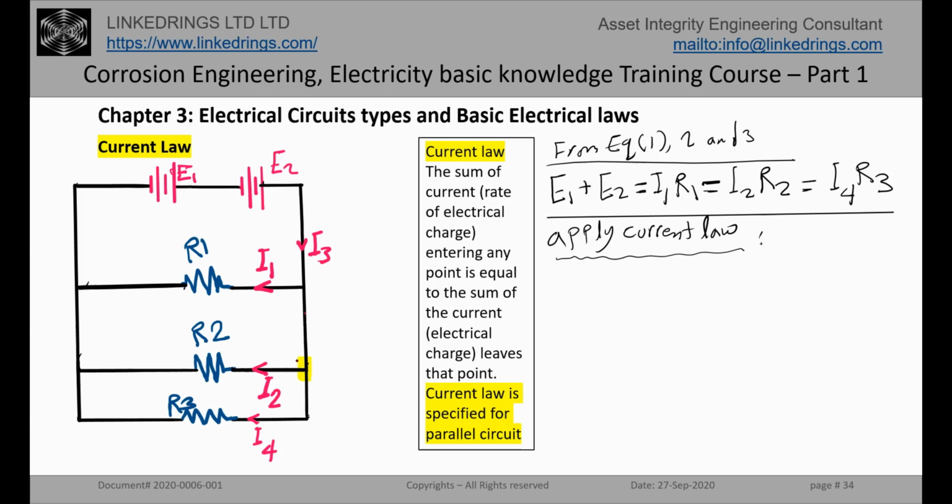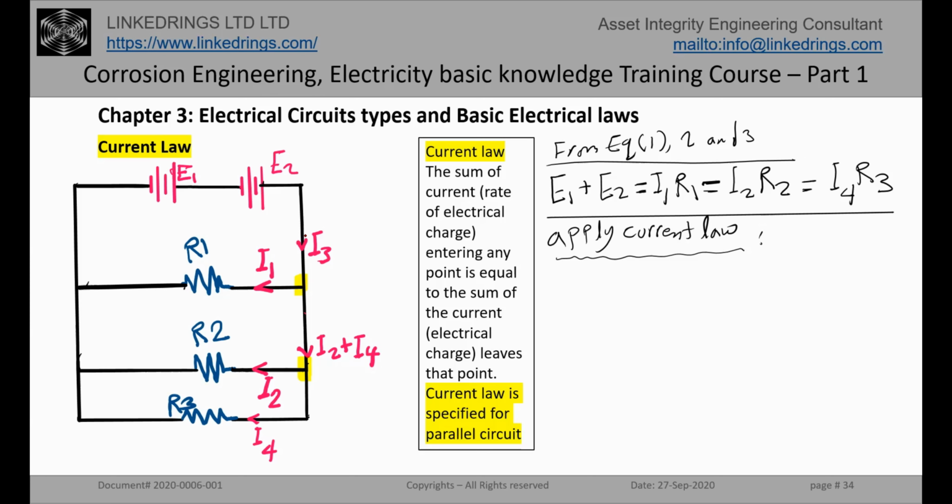So here, at this yellow color point, the current leaving is I2 and I4. The current entering is here. How much is the current entering? It will be equal to I2 plus I4. Let's take another point, this red color point. Let's apply the current law also.